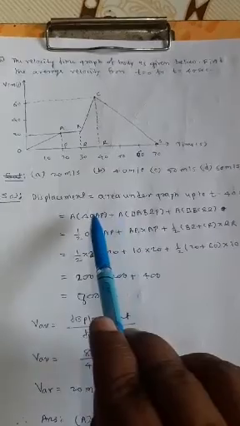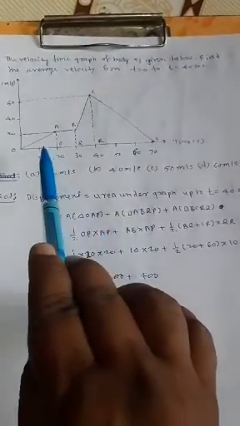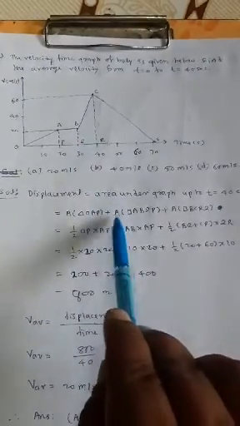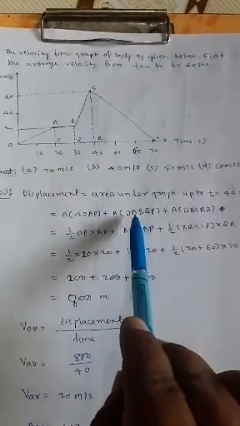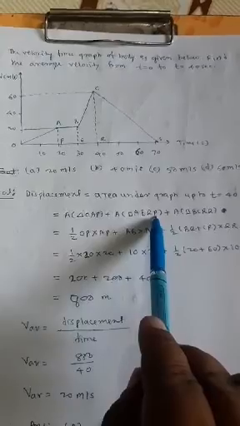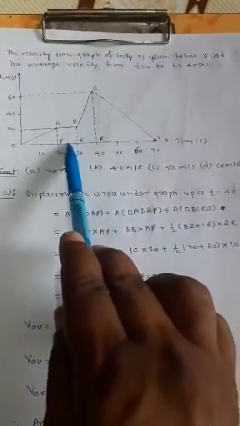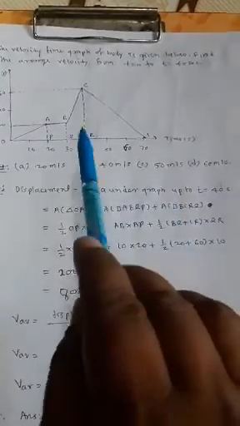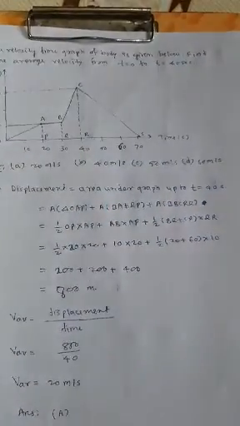Area of this triangle OAP, this is the first region, plus area of this rectangle ABQP, plus area of the trapezium BCRQ.